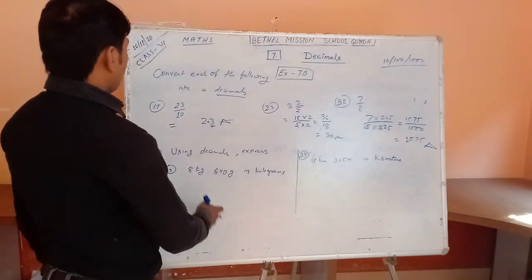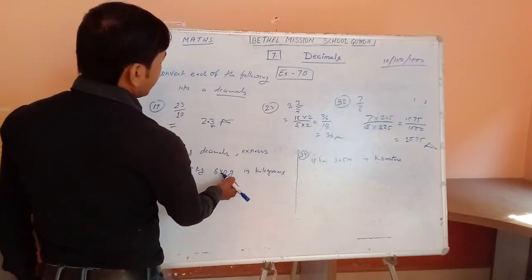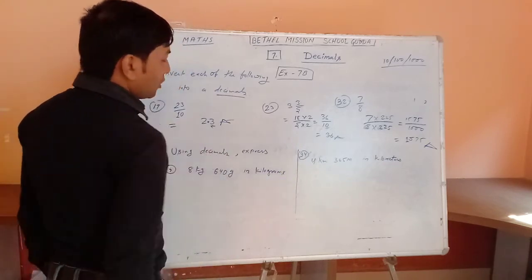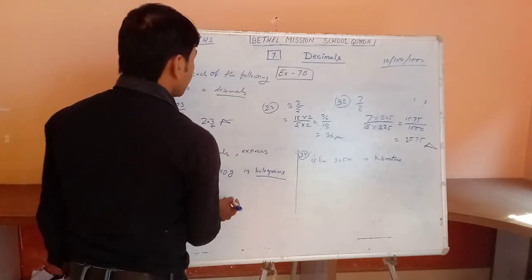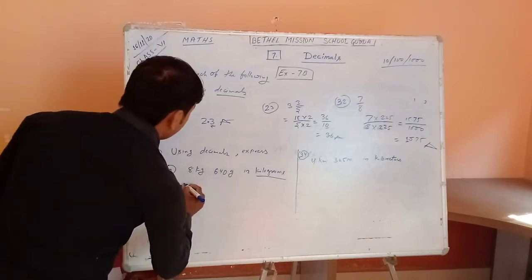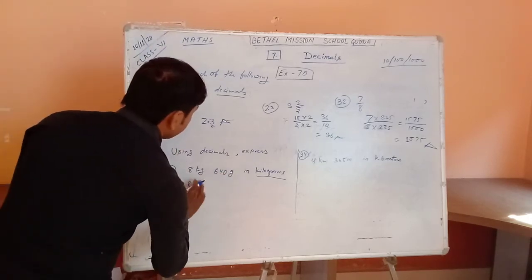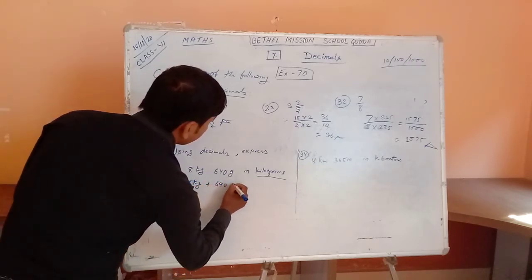Now using decimal, express 8 kg 640 gram in kilograms. You have to convert into kilograms. Okay, so this is kilograms given. This part you have to convert. First write in additive form, 8 kg plus 640 gram.